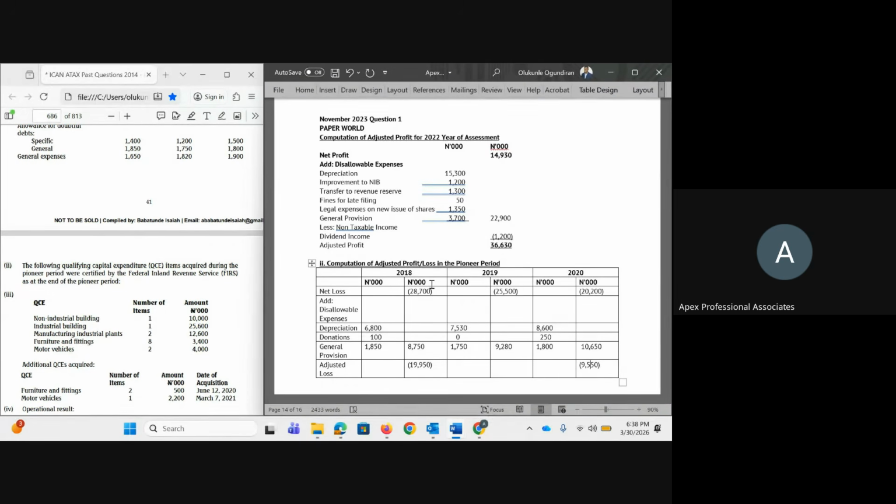Then for 2019, 16,220. Yes. All right. So if that's the case, I think we can then move on.